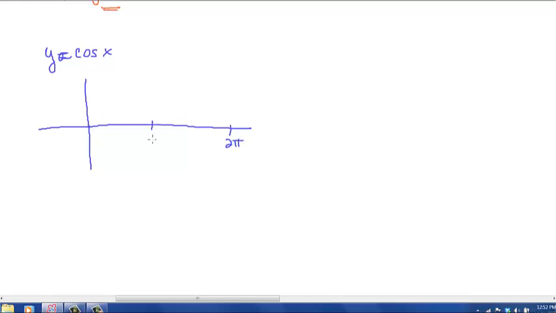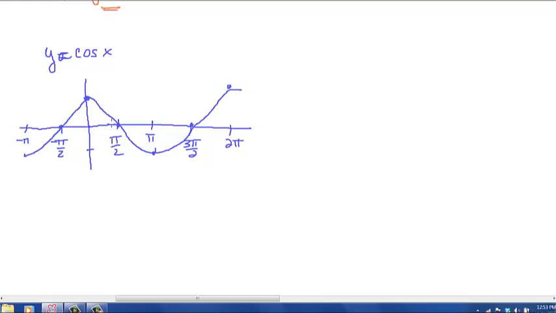So in the middle will be pi over 2, 3 pi over 2. Over here we'll have negative pi over 2, negative pi. Okay, up to 1, down to negative 1. Cosine starts up. And then we'll follow our pattern. All right, so our graph looks like this.